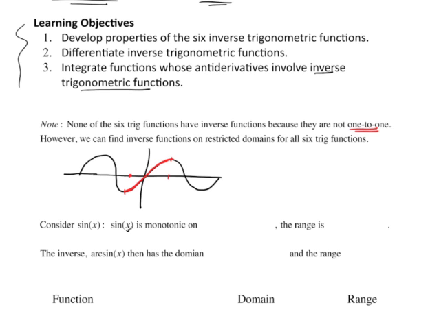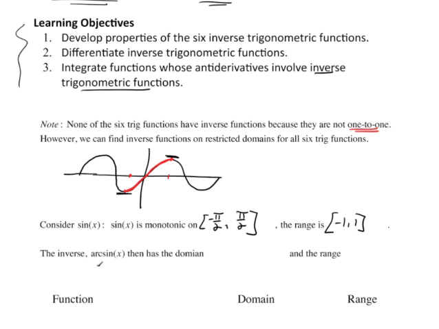So sine of x is in fact monotonic on negative pi over 2 to pi over 2, and the range is negative 1 to 1 because I reached the minimum here and the maximum here, and we all know that sine has a range of negative 1 to 1.